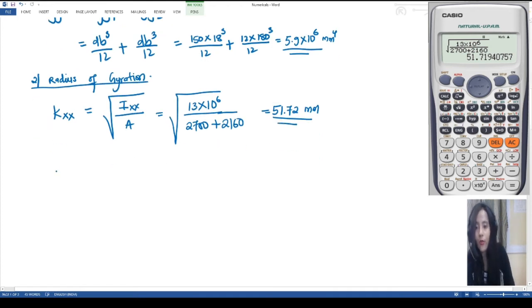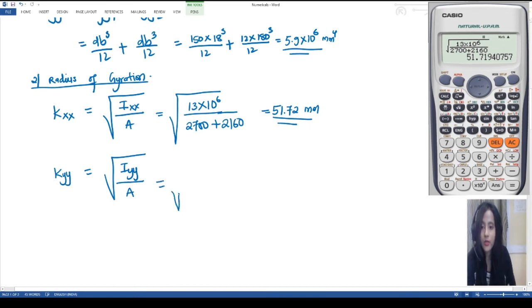Now about Kyy, it will be equal to the square root of Iyy by its area. The moment of inertia about Iyy was equal to 5.9 into 10 raised to power 6 divided by its area, 2700 plus 2160.